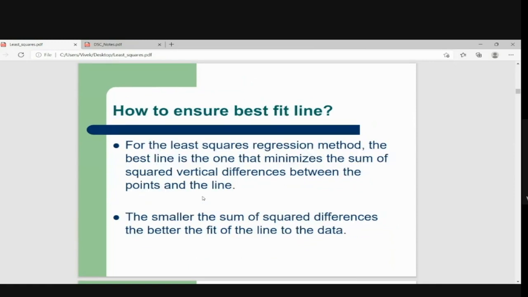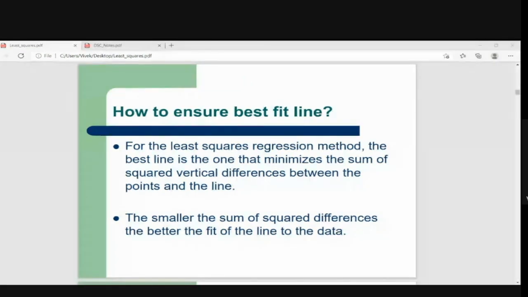So how do we ensure that it is the best fit line? Because for the least square regression methods, the best line is one that minimizes the sum of squared vertical differences between the points and the line. The smaller the sum of squared differences, the better the fit of the line.